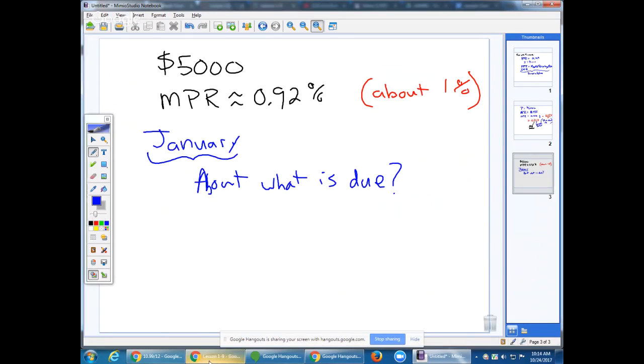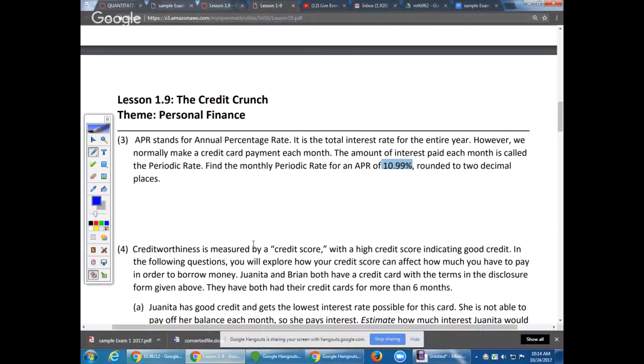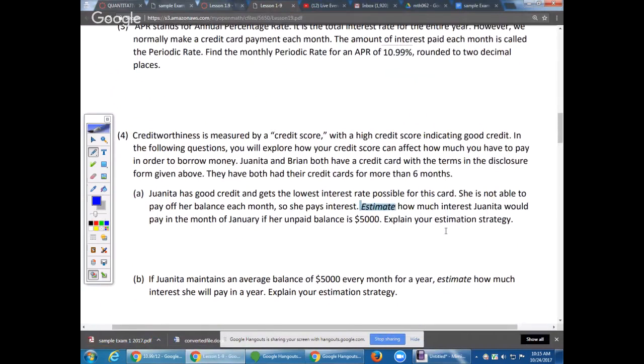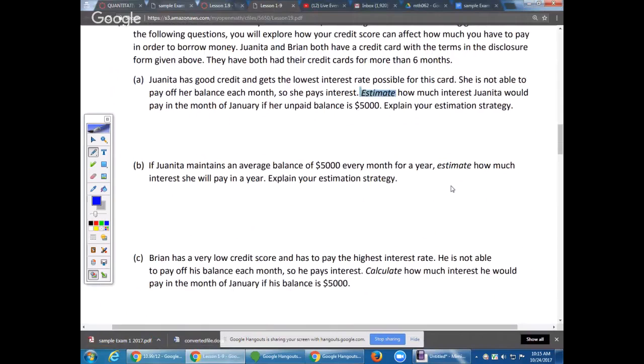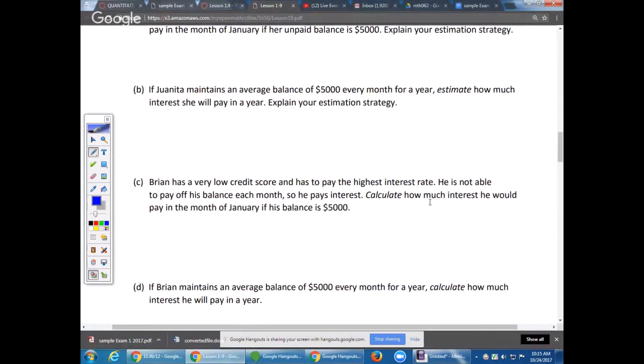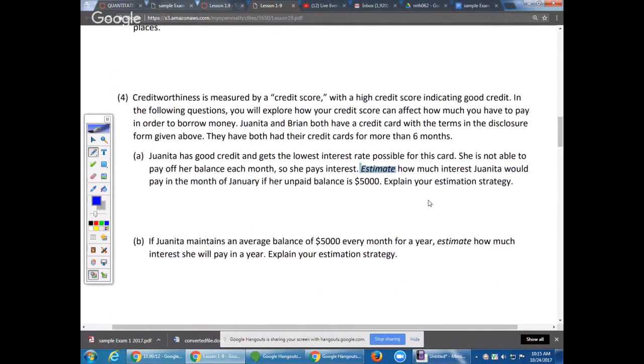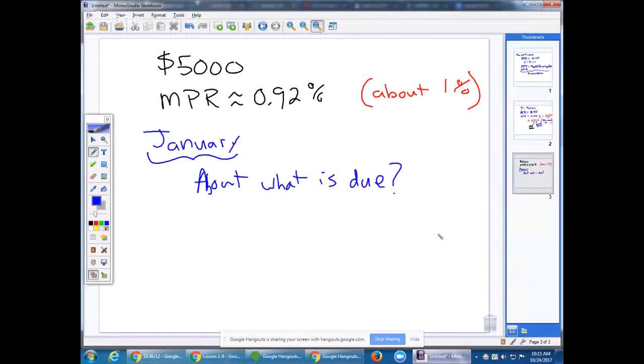Sometimes the worksheet says, hey, just approximate, estimate the amount. So in parts A and B here, we're estimating. And then down here in parts C and D, we'll actually make the real calculation, something that would appear like on a credit card statement. So just estimating. So for me, my estimate would go something like this.